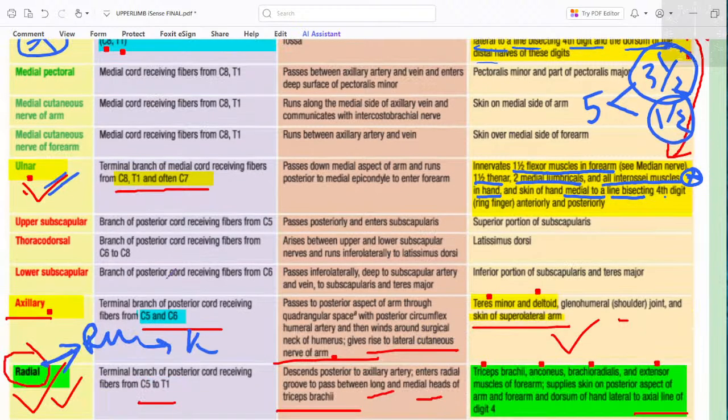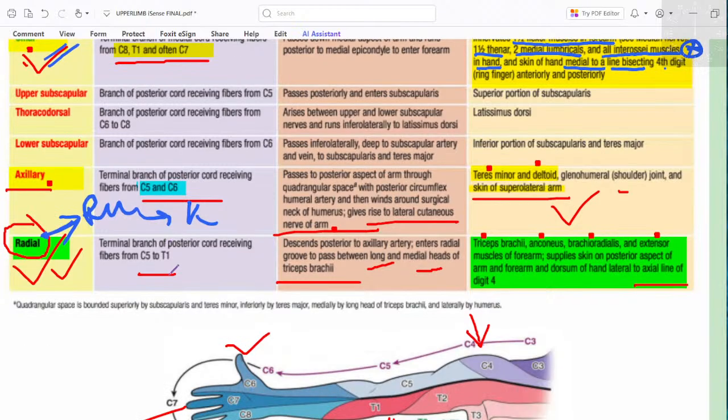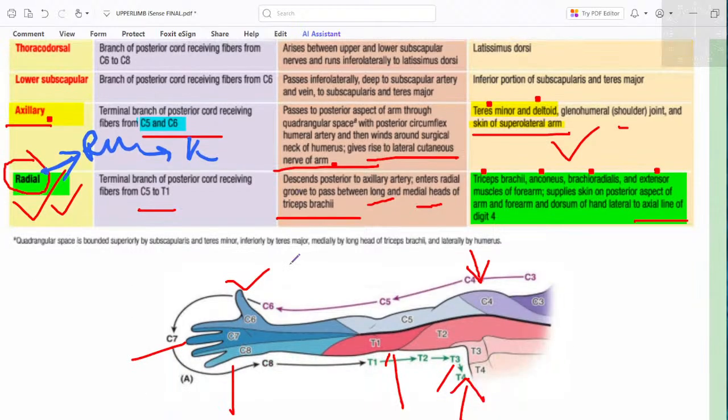Now the axillary nerve. We have already seen the axillary nerve gives supply to one big and one small muscle: the teres minor and the deltoid. And the radial nerve.